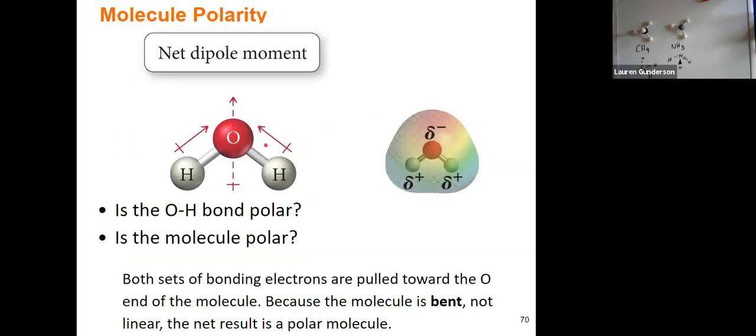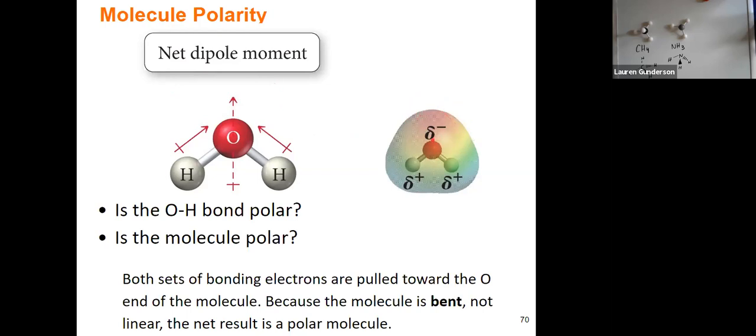Now in this case we have a water molecule. So we have the oxygen bonded to two hydrogens, and both of these bonds are polar bonds. The hydrogen has the low electron density, the oxygen has the high electron density. But what we also have here is this big area that's not represented in our 3D structure, but it is represented over here. And this is the area here where we have our lone pairs of electrons on the oxygen molecule.